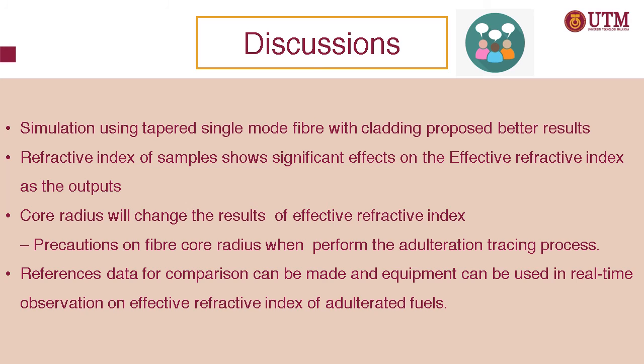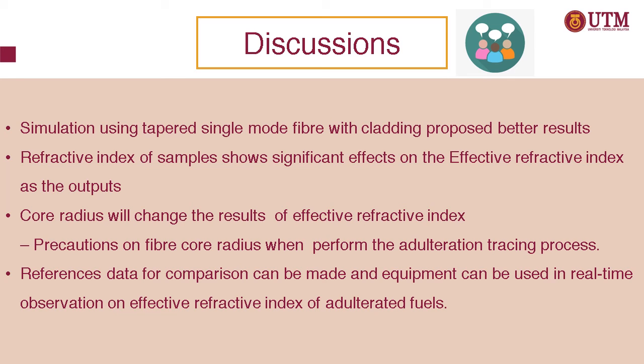Based on the result collected throughout the project, we can say that simulation using tapered single-mode fiber with cladding proposed a better result. Refractive index of sample shows significant effects on the effective refractive index as the outputs, which means that this proposed method is actually capable to use in adulteration tracing.